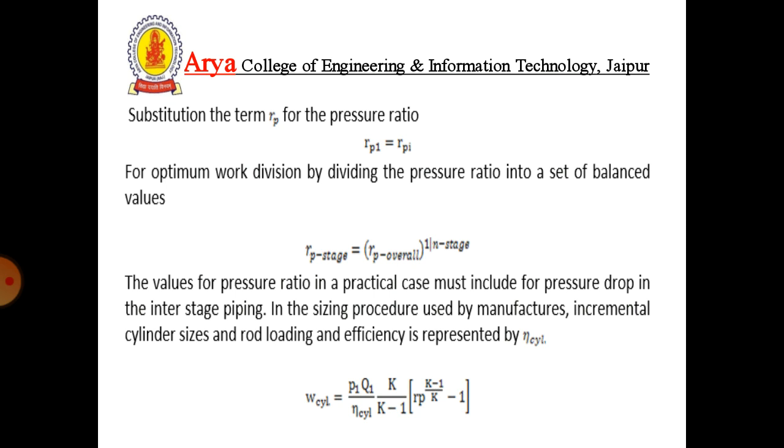The value for pressure ratio in a practical case must include allowance for pressure drop in the inter-stage piping and the sizing procedures used by the manufacturer, incremental cylinder sizes and rod loading, and efficiency is represented by eta cycle. Work equals P1 Q1 upon eta cycle into K upon K minus 1 into Rp to the power K minus 1 upon K. That is the work of the cycle. Now thank you.